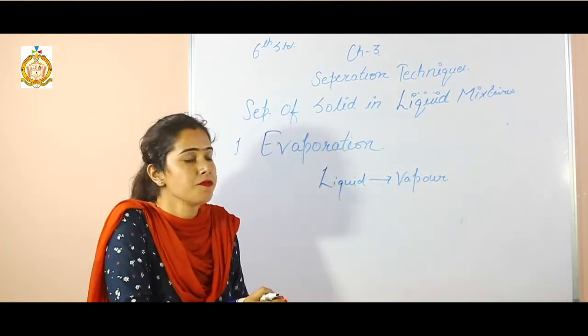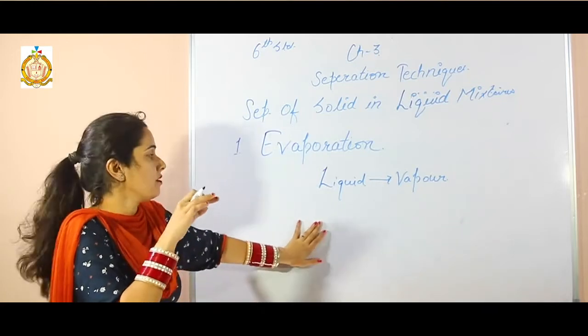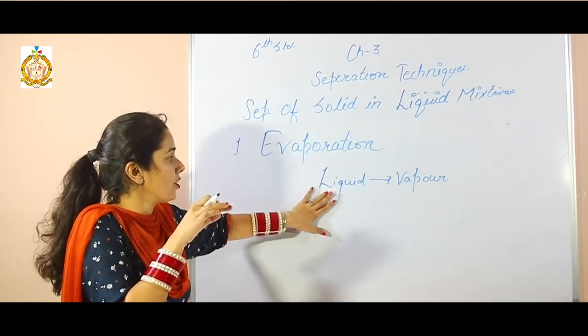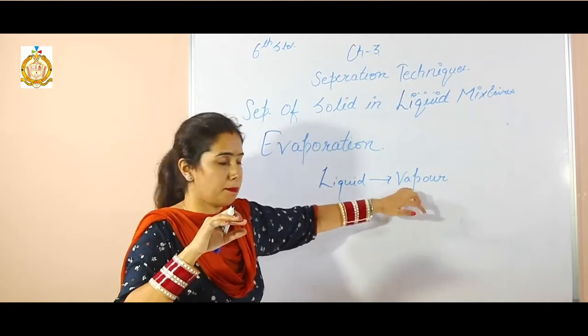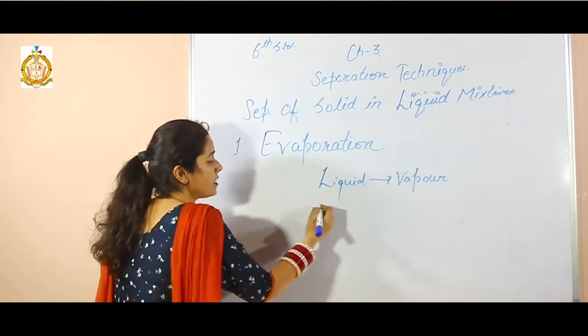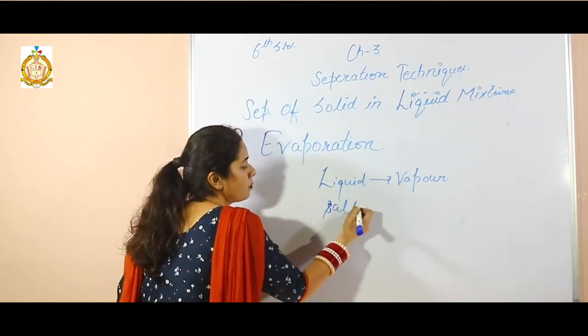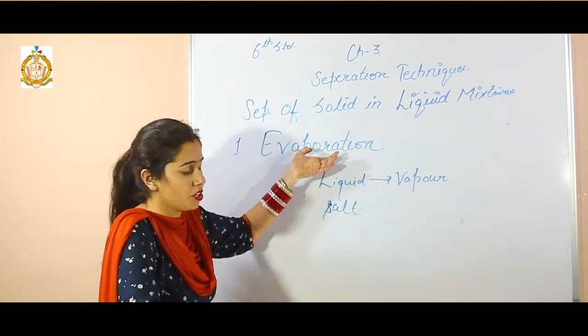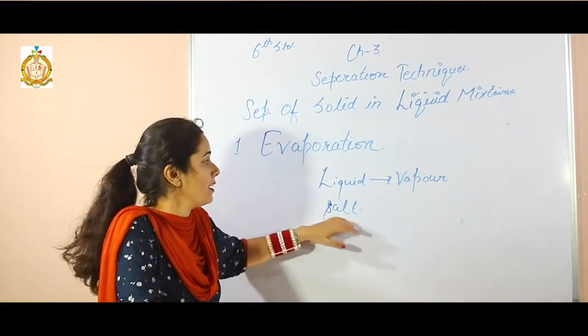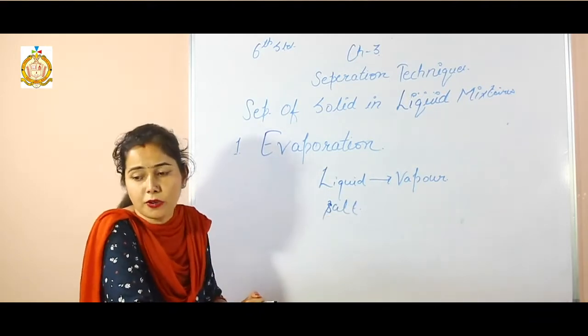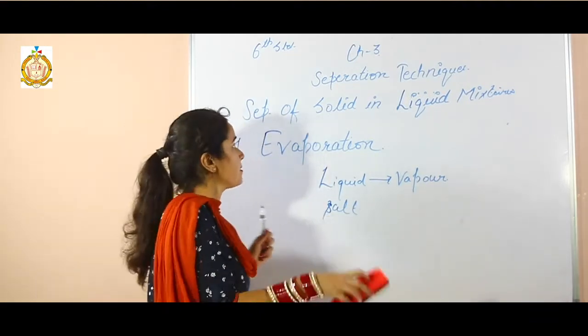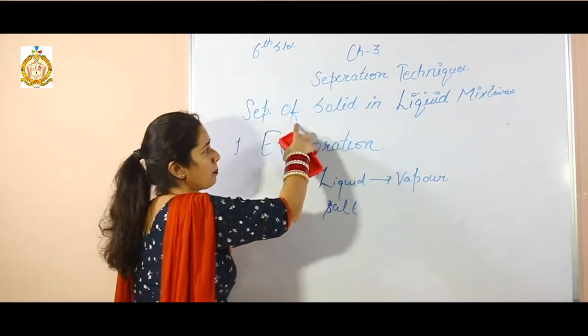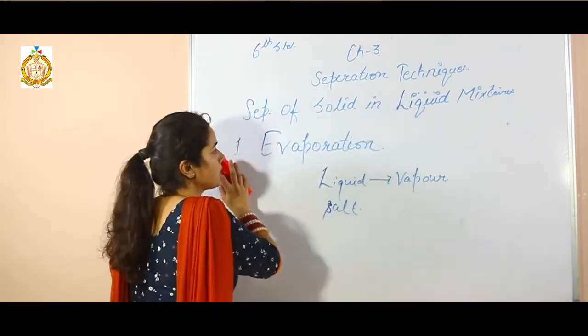For example, in seawater, the water changes into vapor form and the salt is left behind. So with the process of evaporation, salt can be extracted from the sea. This is all about separation of solid in liquid mixture.